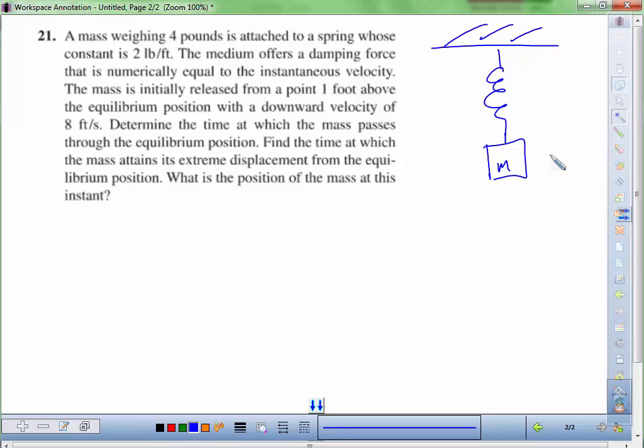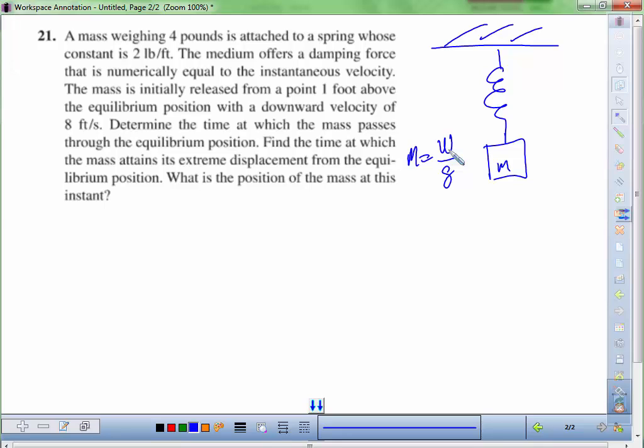But if we're in this system, then m is equal to, anybody know? Weight divided by gravity. So the actual mass is equal to weight divided by gravity, and the weight is given in pounds and the gravity in feet per second squared, and I think that turns out to be a slug.